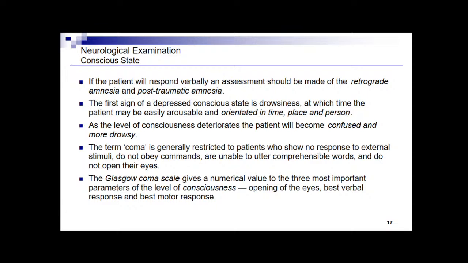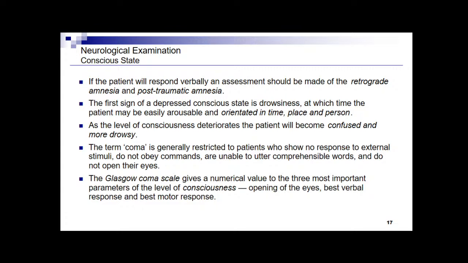If the patient can respond verbally, an assessment should be made of retrograde amnesia and post-traumatic amnesia. At first, if the patient can answer your questions, you should find out what happened to the patient and assess his memory to discover retrograde amnesia and post-traumatic amnesia.